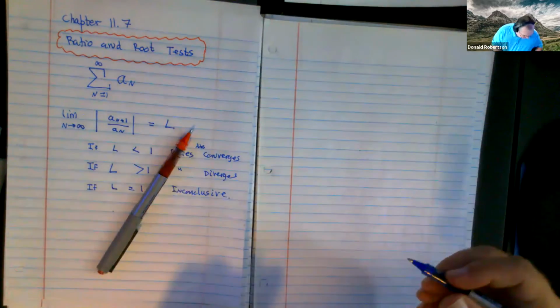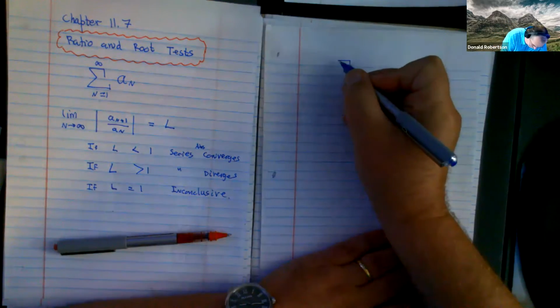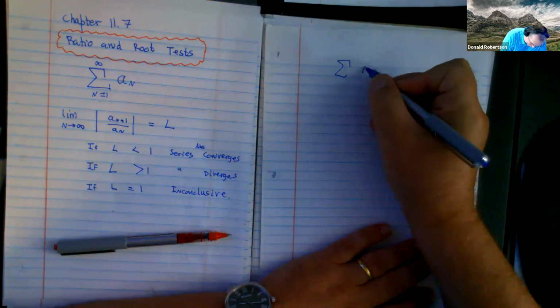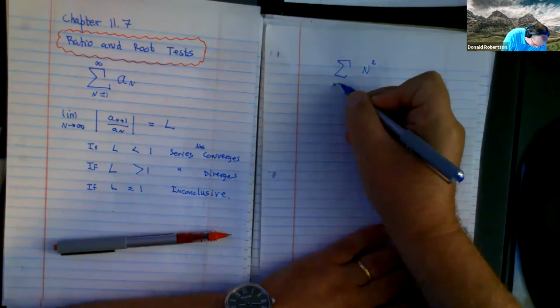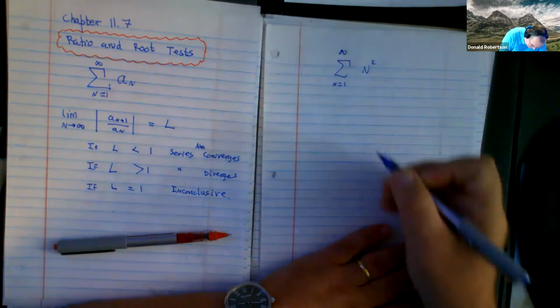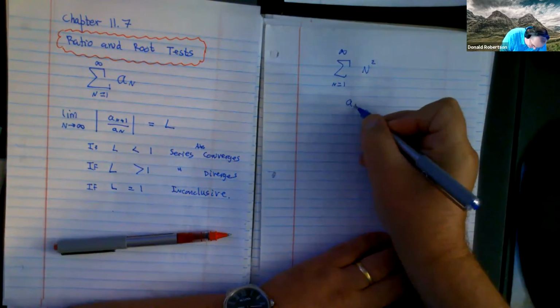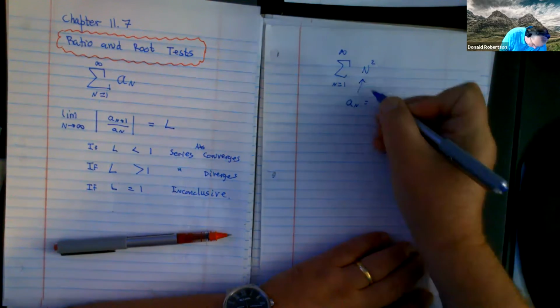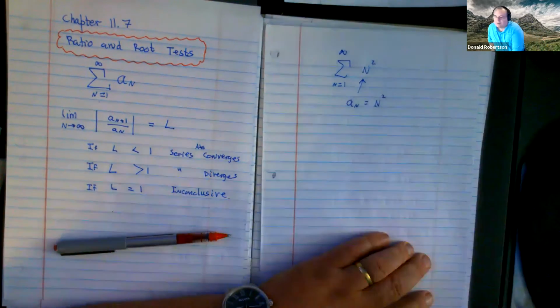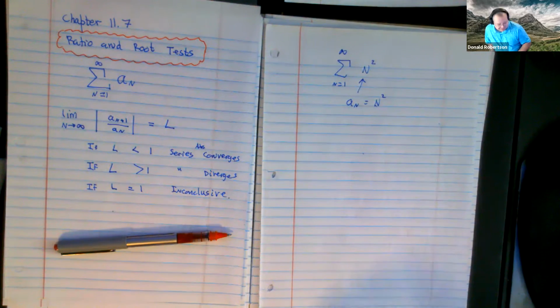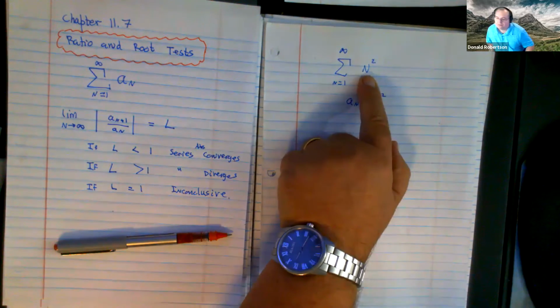Next thing is I want to talk about a_n plus 1 and a_n before we go to this question. Suppose I have a sequence and it's called n squared. a_n is this guy. a_n will always be whatever this guy is.